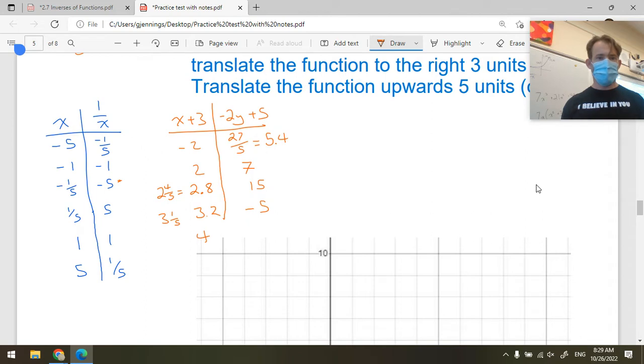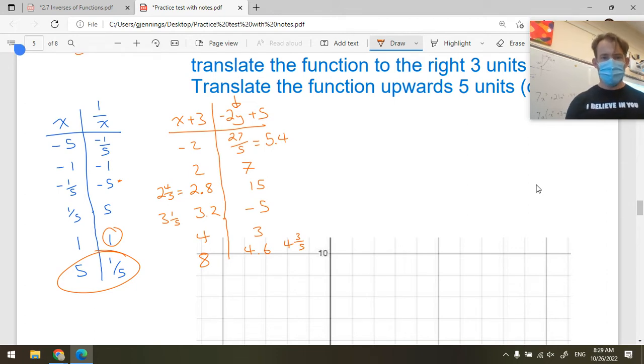And 1 times -2 is -2, plus 5 is 3. And then the last one, 5 and 1/5. Well, that's going to become 8. And the 1/5 is going to become -2/5 plus 5. So -2/5 plus 5 is 4.6. It's 4 and 3/5. Okay, so 4.6.